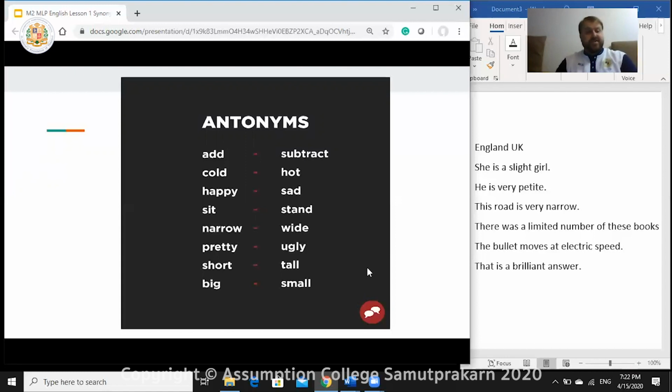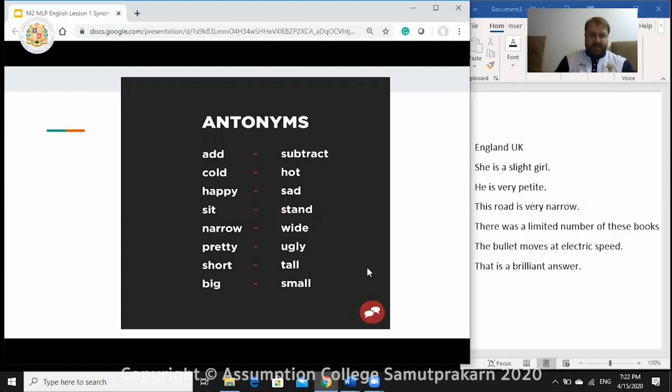As we said before, narrow is a synonym of small or skinny, whereas wide, synonym of fat, large. So wide and narrow are not synonyms. Pretty and ugly are antonyms. So narrow, wide are antonyms as well. These are all antonyms. Short and tall are antonyms.